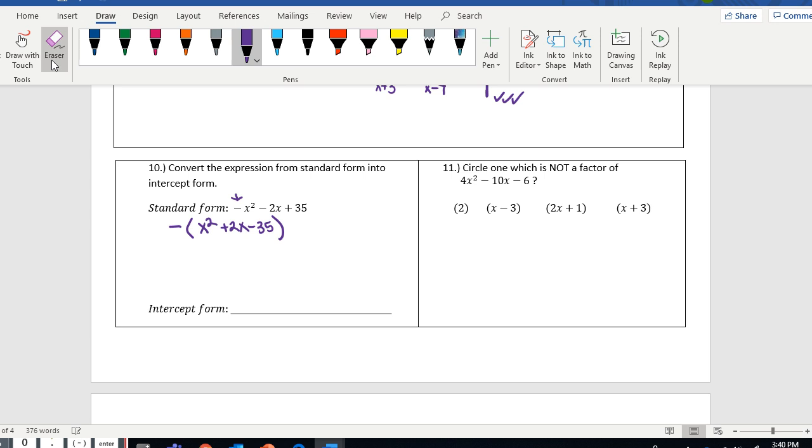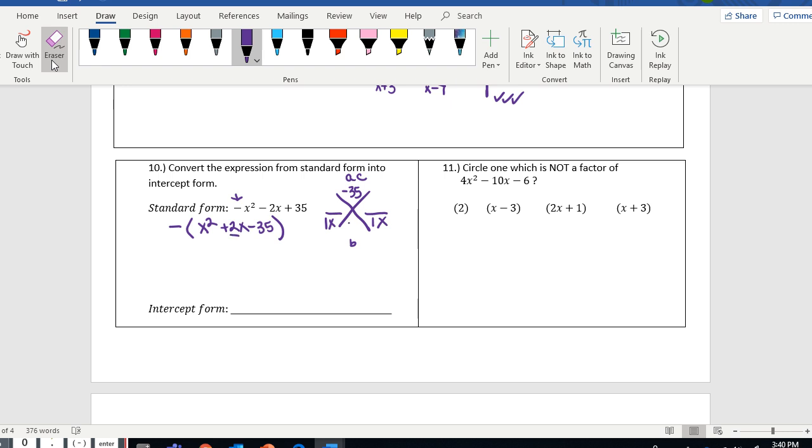Now I told you I'm going to work all of these with a new diamond method. The way you set it up is AC on the top and B on the bottom, for attic over basement. Now, your leading coefficient is going to be 1x, not negative anymore, and 1x. The AC is going to be 1 times -35, -35.